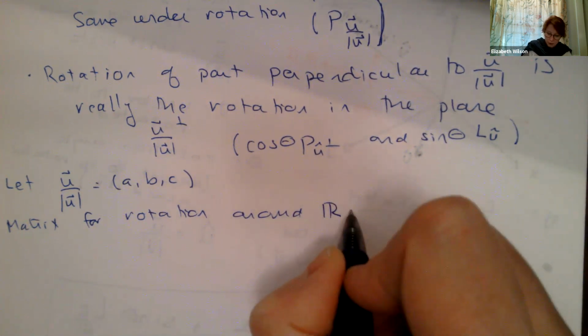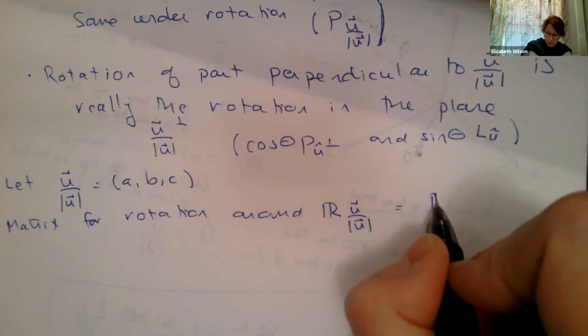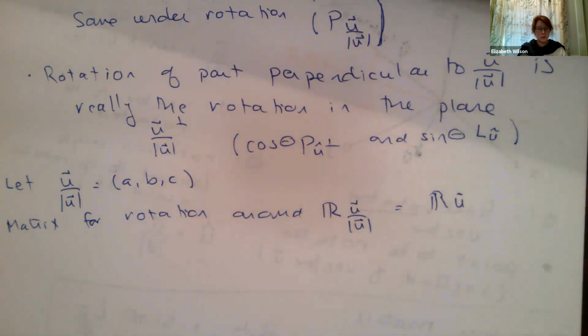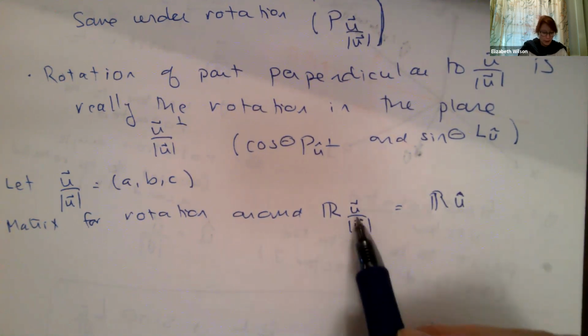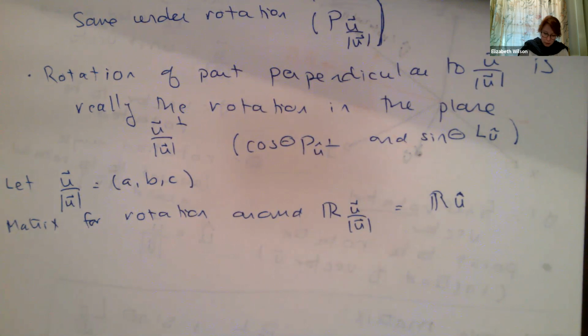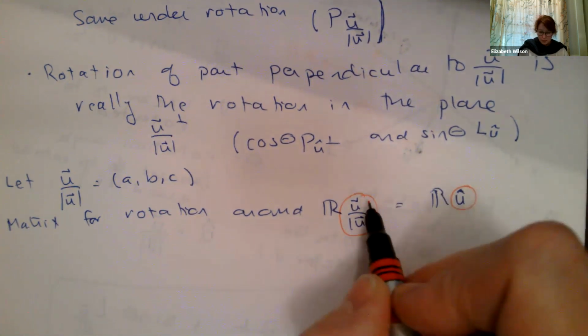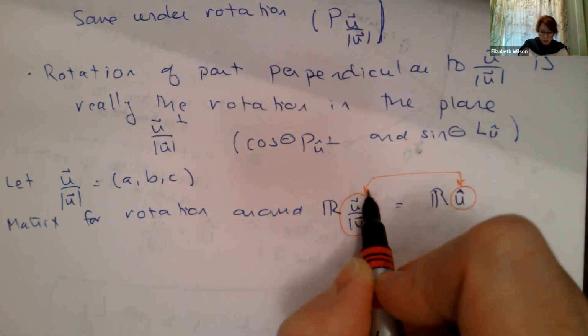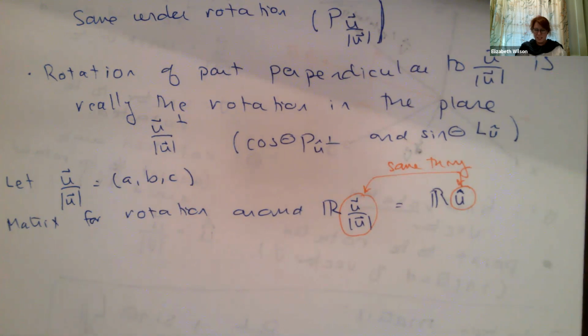I'm going to start calling it U hat because it's too complex to write U divided by its magnitude. But remember, U hat and U vector divided by its magnitude are the same thing.